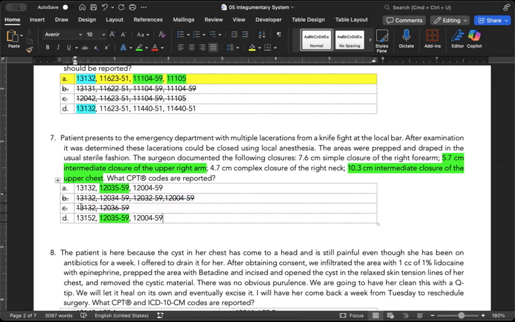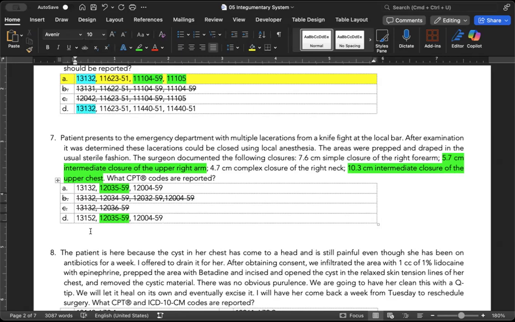Okay. Now we can decide, is it 13132 or is it 13152? Melissa, I'll explain that in just a second. 13132 is a repair complex of the forehead, cheeks, chin, mouth, neck, axilla, genitalia, hands or feet, 2.6 to 7.5.